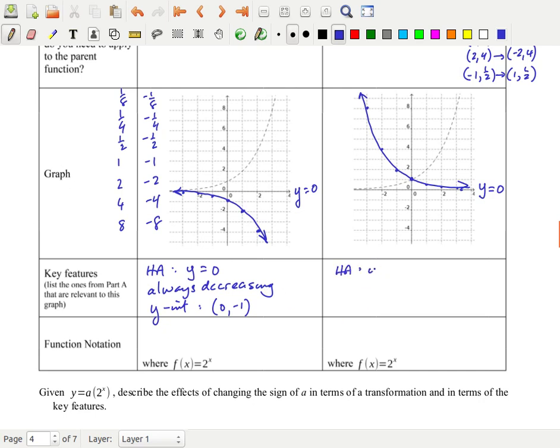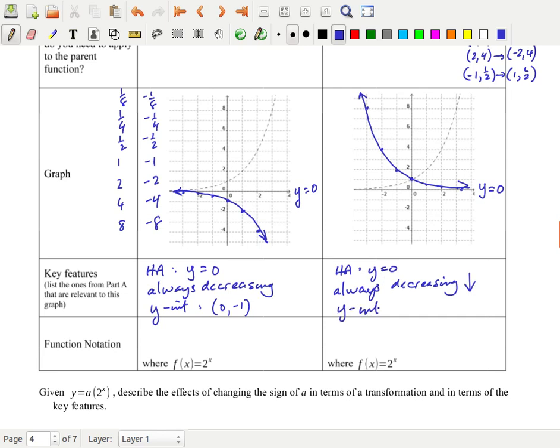Horizontal asymptote is still at y equals 0. As we go from left to right, this one is also always decreasing. A shorthand for this, sometimes we use up arrows and down arrows to represent the idea of increasing or decreasing, just because as mathematicians we love symbols, and also we don't usually like writing very much.